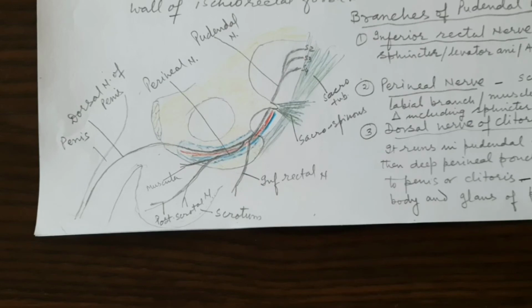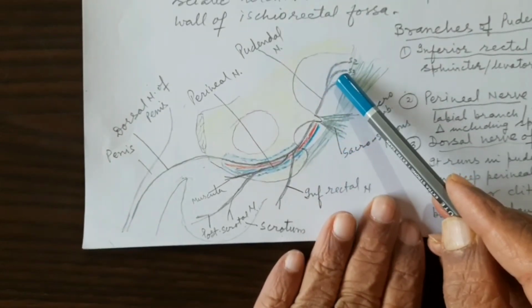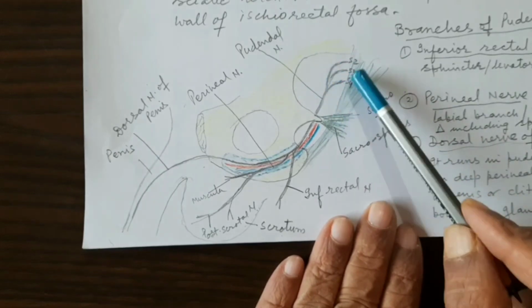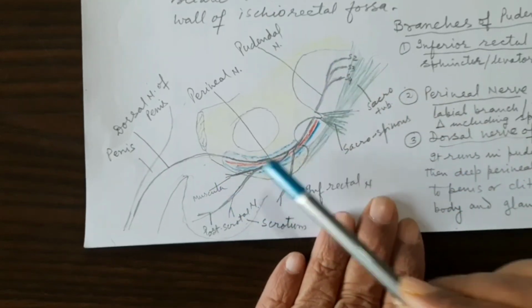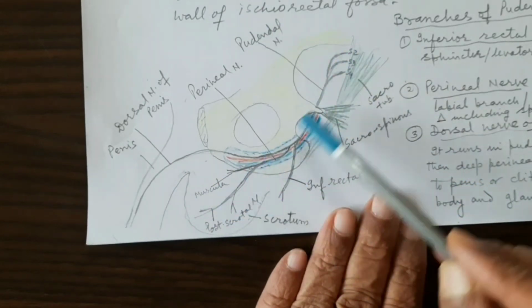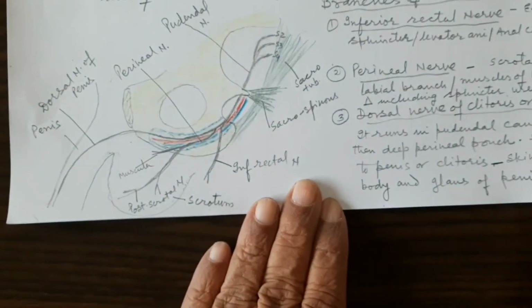And in case of female, this will supply the clitoris. So these are the branches of the pudendal nerve, and I have drawn these nerves here in this diagram with the help of the black pencil. So just note down all these branches of the pudendal nerve.